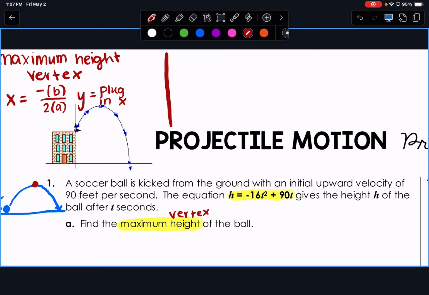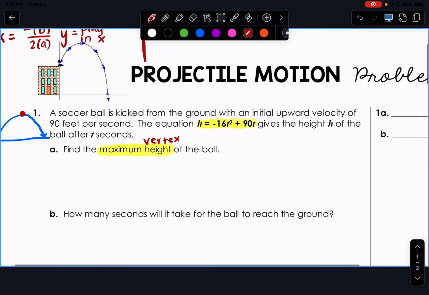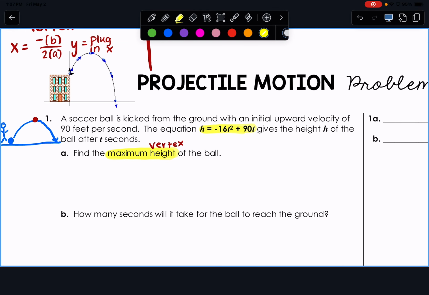Now, it also asks how many seconds it will take for the ball to reach the ground. When it reaches the ground, what's the height when it gets there? 0.